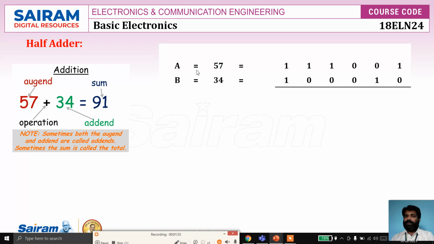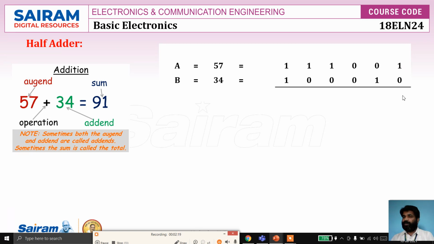First we convert, let's say number A is 57 with its equivalent binary, and B is 34 with its equivalent binary. You know the procedure of conversion from decimal to binary. In binary, as we did in decimal, here also we start from the LSB, the least significant bit, just as LSD is the least significant digit in decimal.